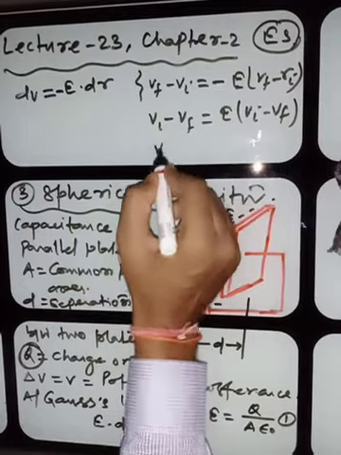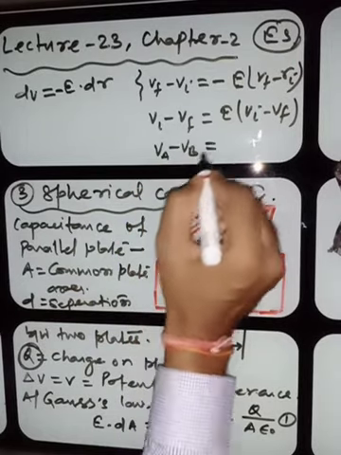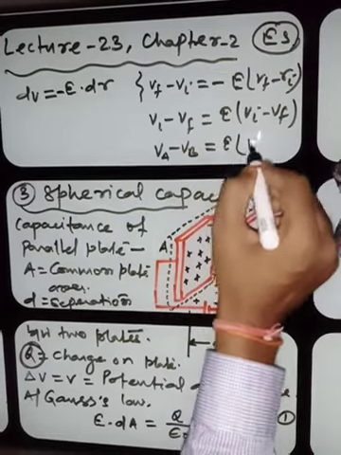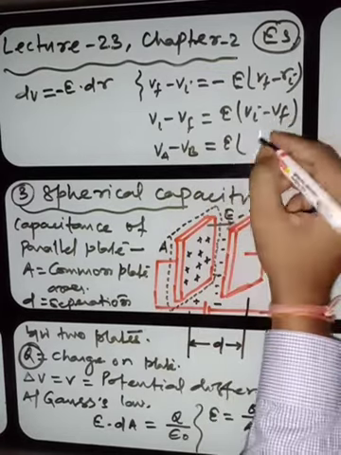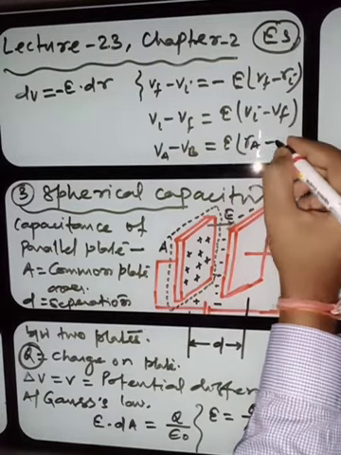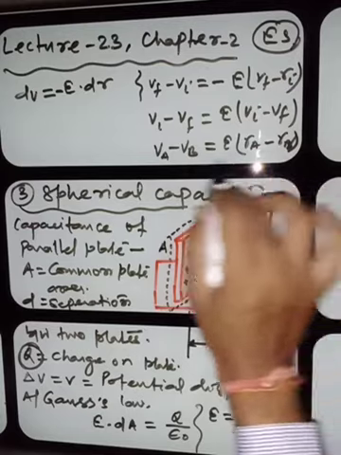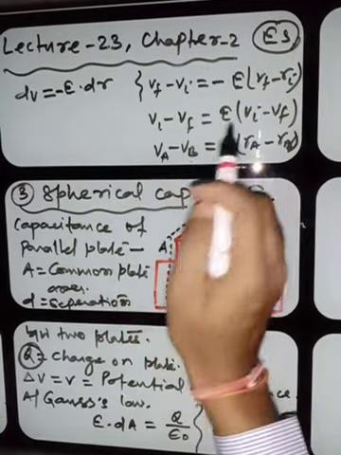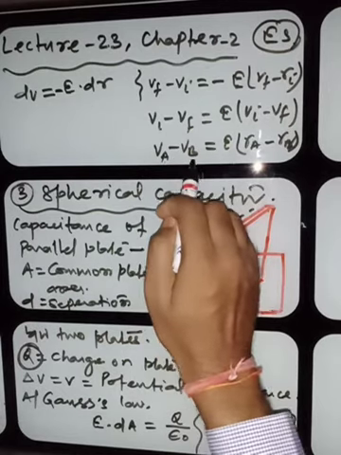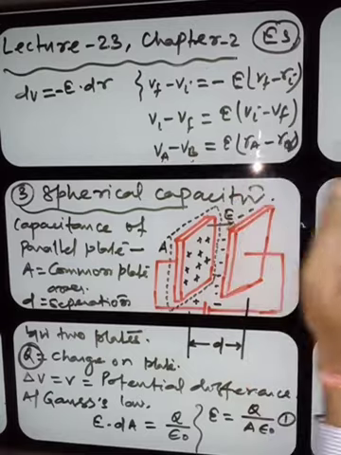It means from A to B, it will be E with r A, r B. We use the limits initial and final, and the same limits initial and final for the position vector.